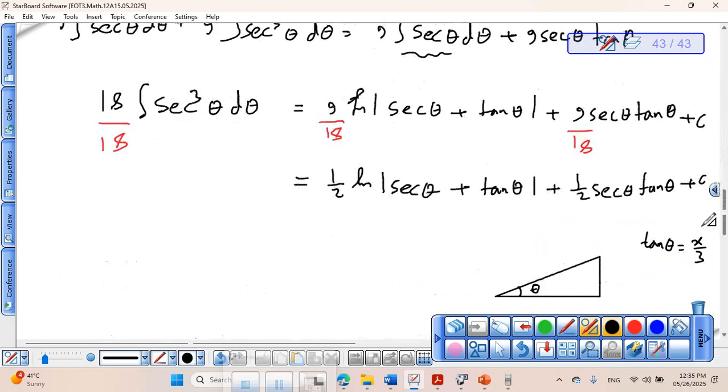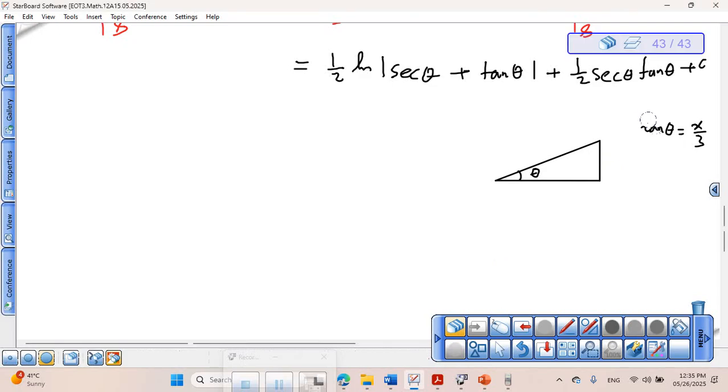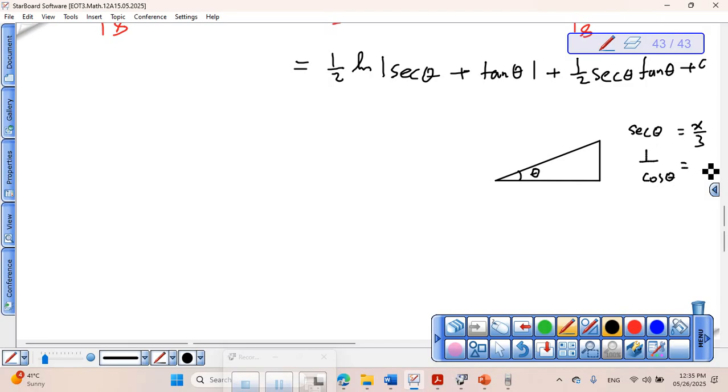Sec is 1 over cosine theta, which equals x over 3. That means cosine theta equals 3 over x.